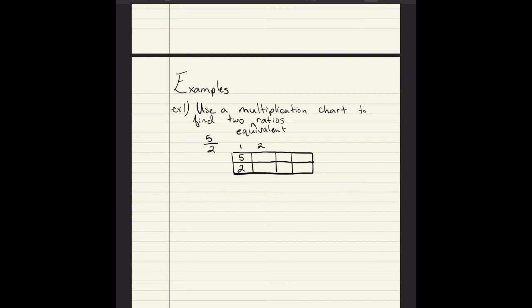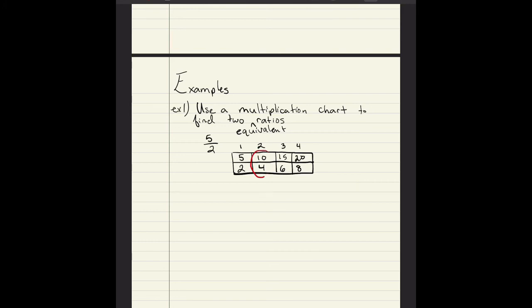So if this is 1, this is 2, 3, 4. 5 times 2 is 10. 2 times 2 is 4. 5 times 3 is 15. 2 times 3 is 6. 5 times 4 is 20. And 2 times 4 is 8.